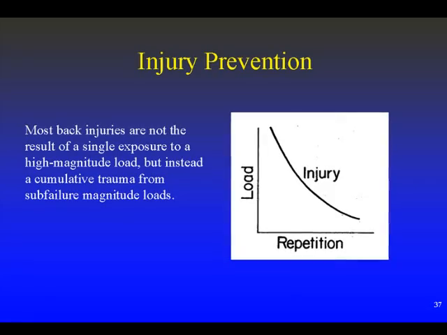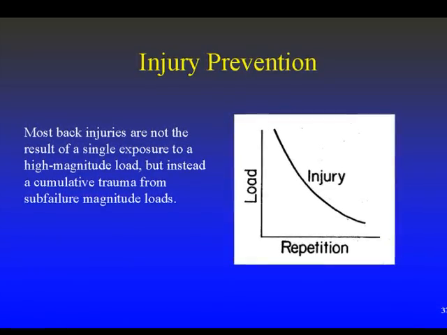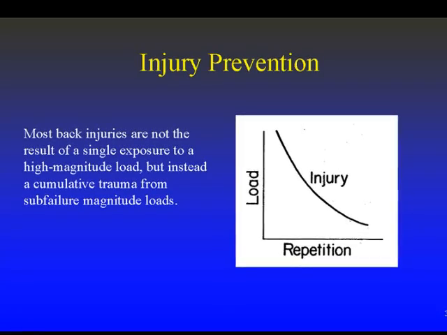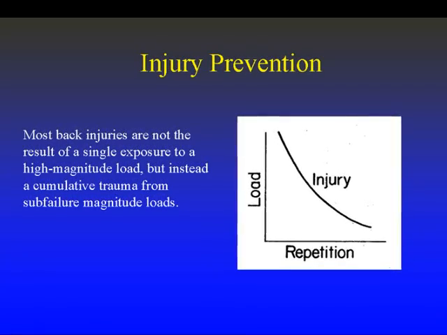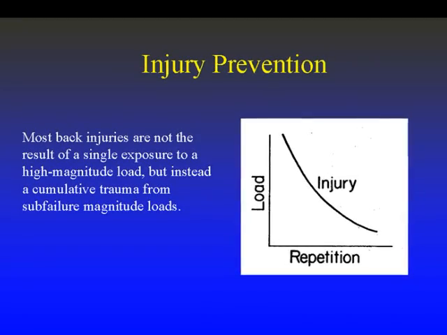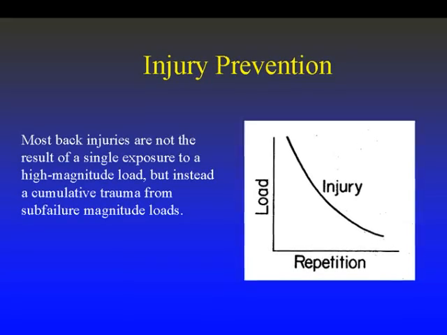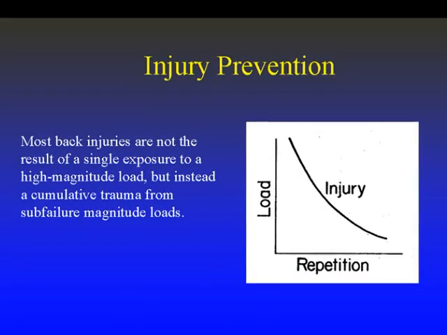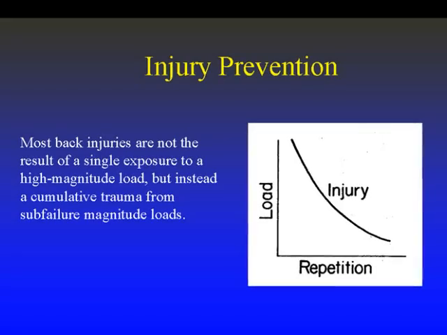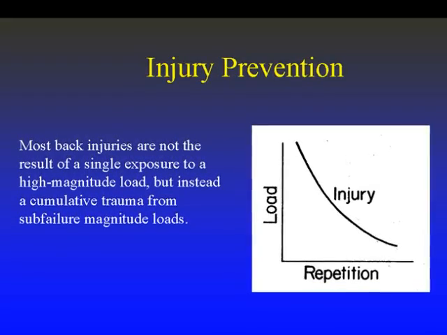What a lot of people don't realize is that most back injuries happen as a result of repetitious type loading and not necessarily trying to lift a very heavy load. For instance, sitting for a long time is considered a repetitious type of loading. If you get up from that office chair to pick up a pencil after you've been sitting for 5 hours, you will have a good chance that you can injure your back.